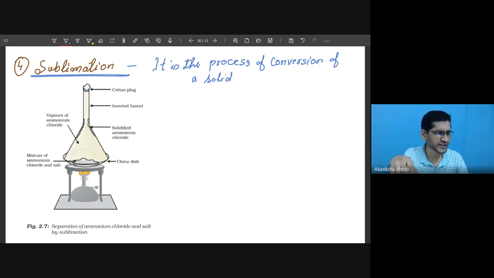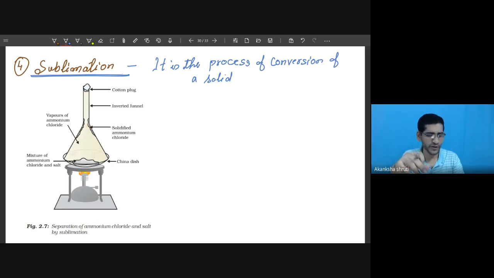This is very important. Students, you have to understand the solid will directly vaporize. Though you already know that if a liquid is heated, it gets converted into vapor, that is easy to understand and anticipate. But there are certain solids, not all, but very few, which are able to convert into vapor directly without going to liquid.